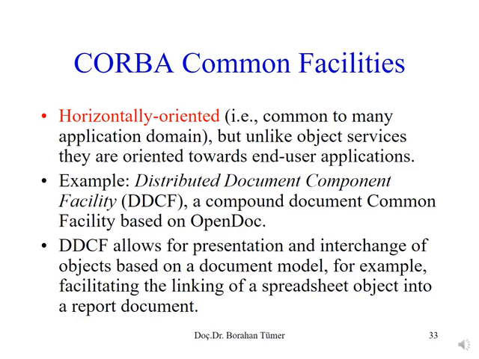Example to horizontal CORBA facilities are distributed document component facility, DDCF, a compound document common facility based on OpenDoc. DDCF allows for presentation and interchange of objects based on a document model, for example, facilitating the linking of a spreadsheet object into a report document.